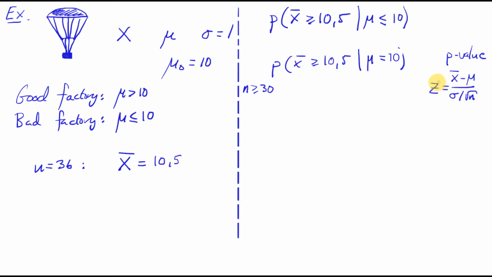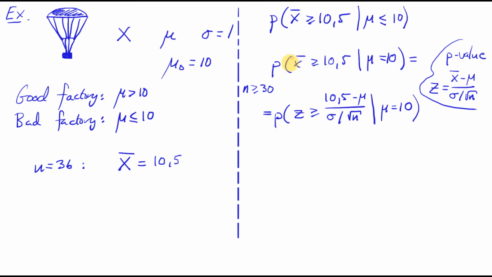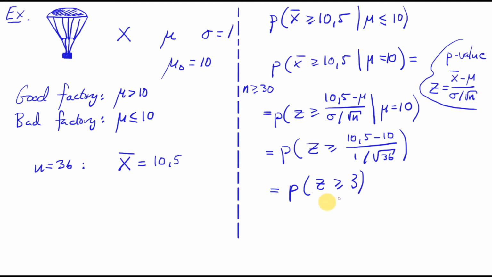So if we change to the standard normal distributed random variable Z given by this, we can calculate this p-value. So if you change from this to Z, then we have to change this to this. Now we can replace mu by 10, and at the same time drop the whole conditioning. Then we get this one here, which can be simplified to this. And according to the probability table, it's equal to 0.13%.